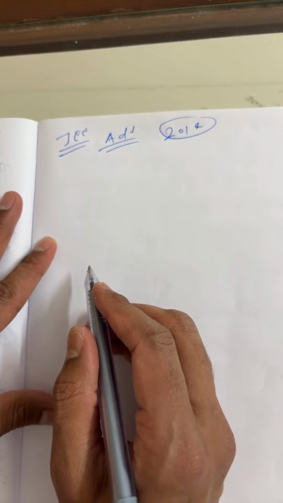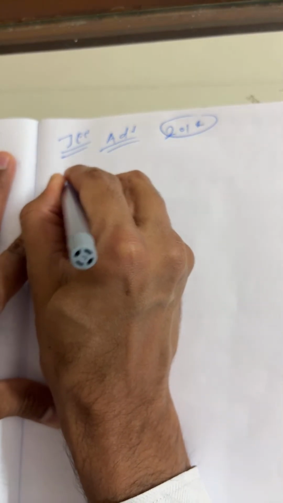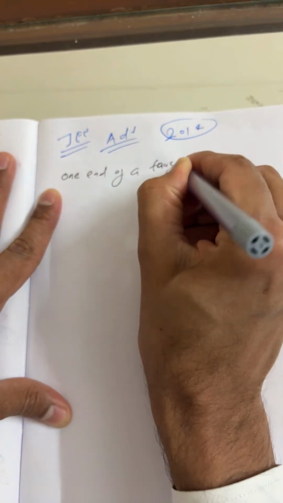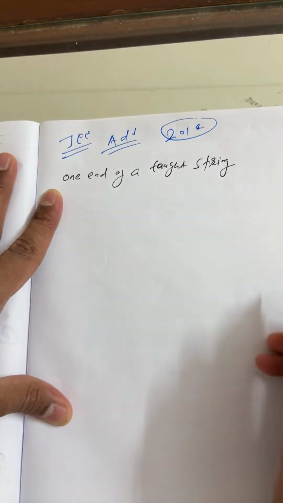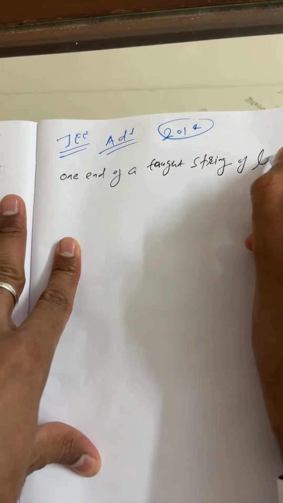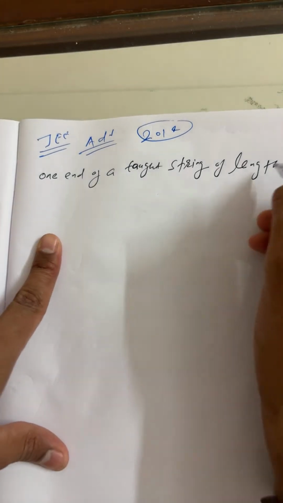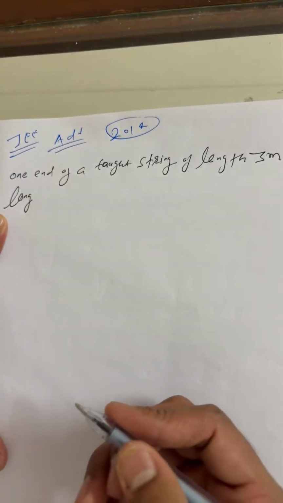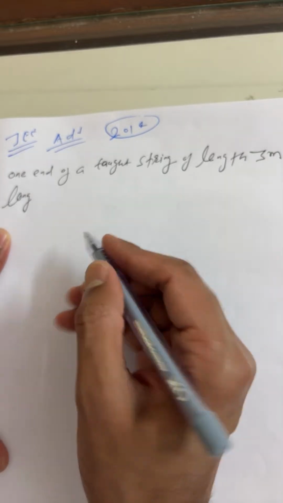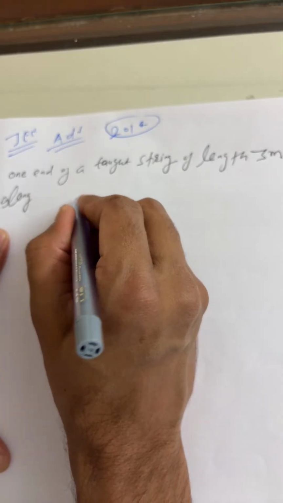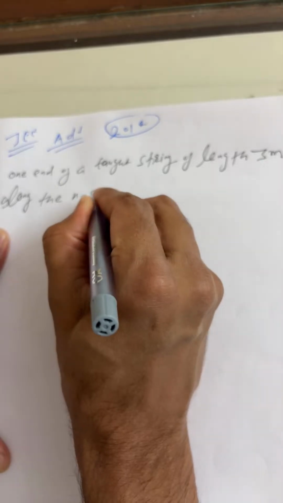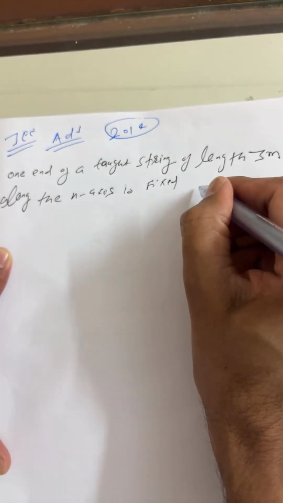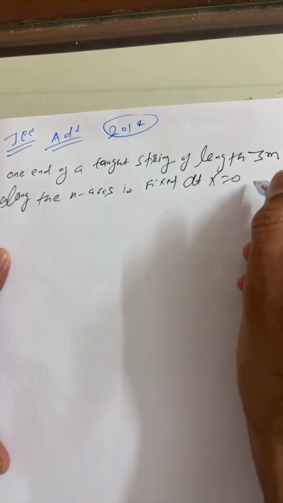Note down the question with me, everyone. One end of a string of length 3 meter along the x-axis is fixed at x equals 0.